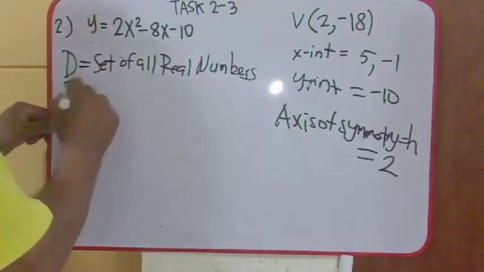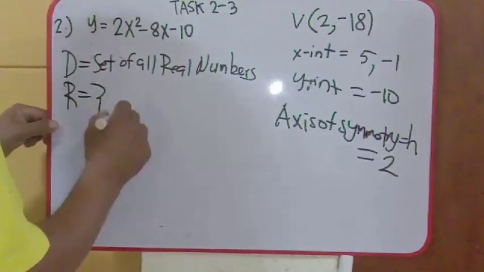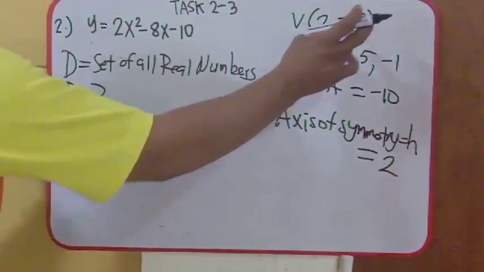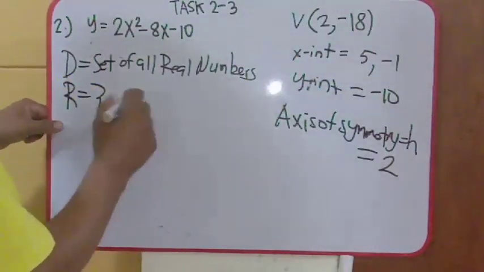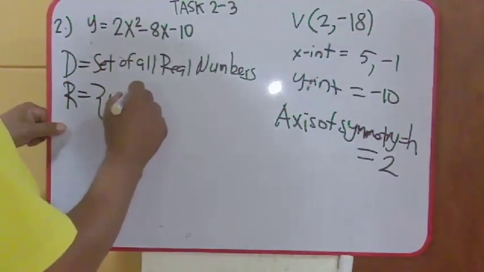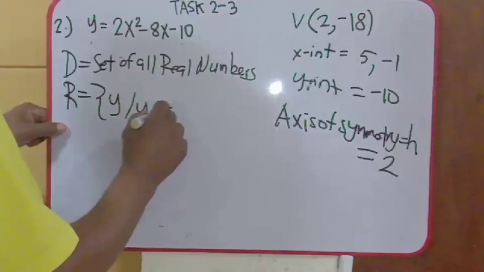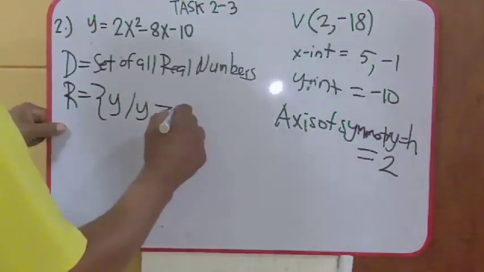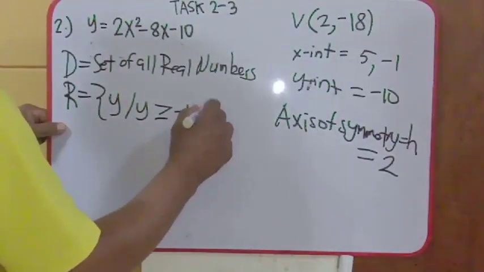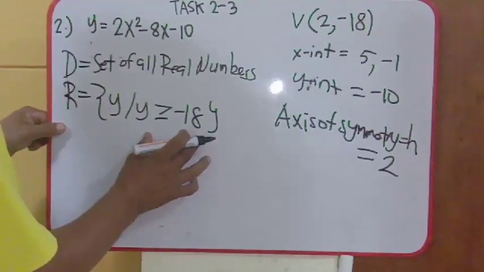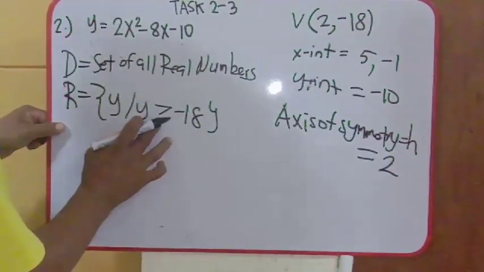And our range, okay, is, so our case negative 18, so our range is y such that y is greater than or equal to negative 18. Okay, this is our range. Okay, bakit siya greater than or equal?